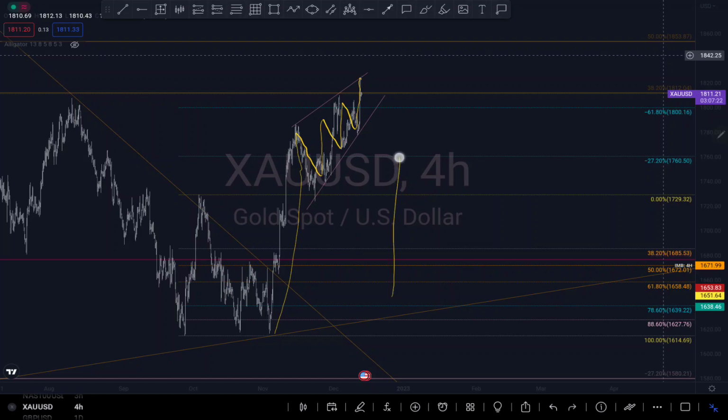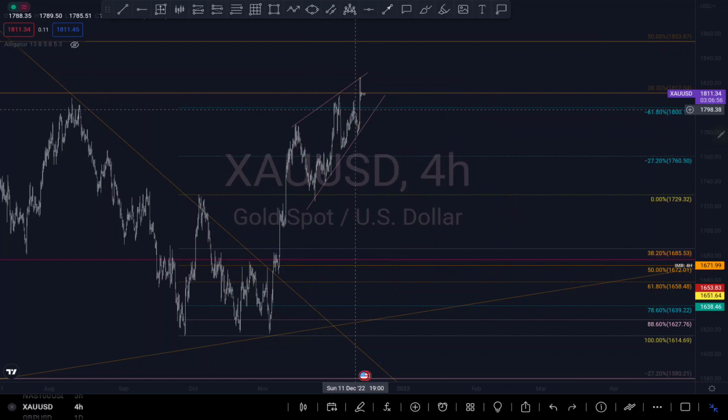So when you see an impulse and an ascending correction, or rising wedge, either both, we're expecting a drop because it's a reversal flag. So as I said, I'm still expecting a drop on gold because it's actually printing out a reversal sign right here.